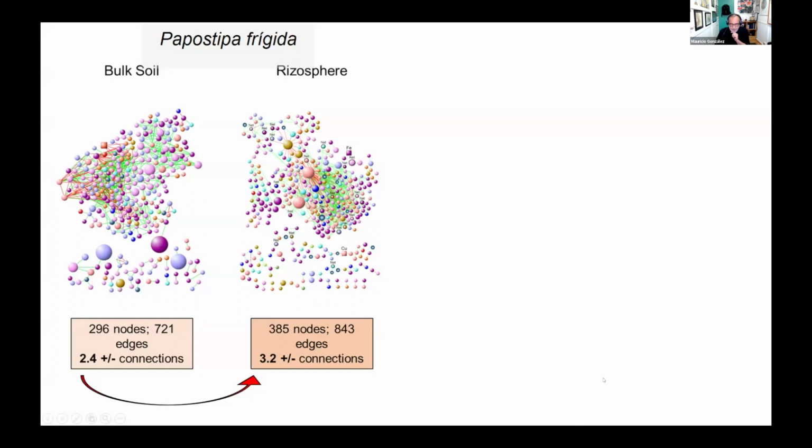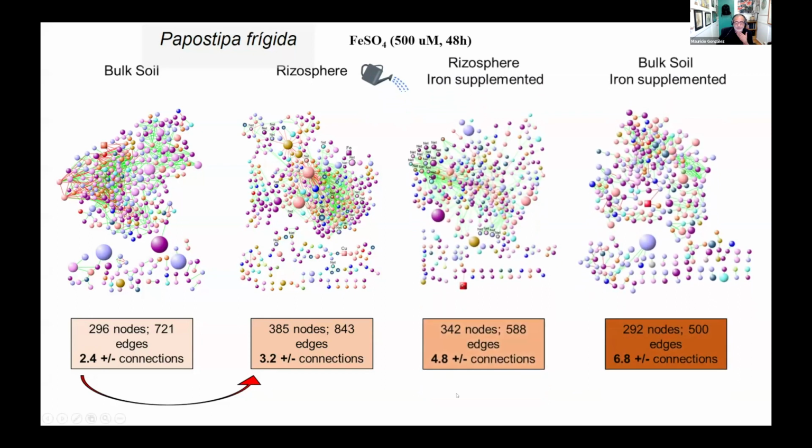In the rhizosphere co-occurrence network of this plant, the positive to negative interaction ratio increased from 2.4 to 3.2, as we observed for plant communities in similar regions. But after iron supplementation, we observe that the ratio increased in the plant, but also increased in the bulk soil.